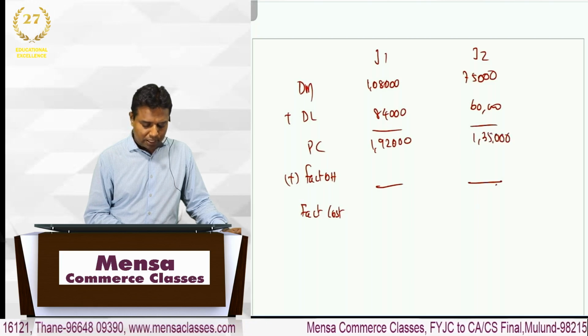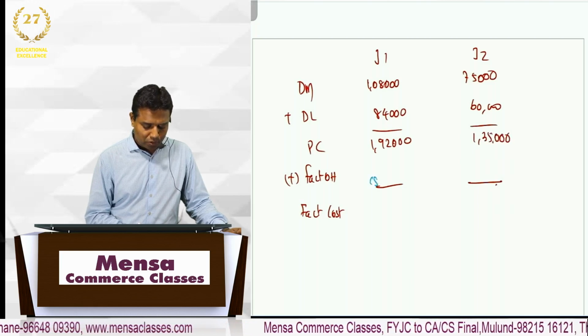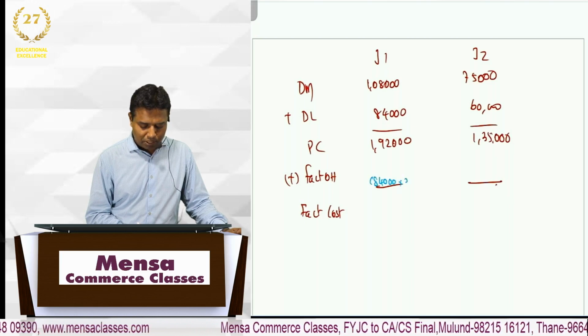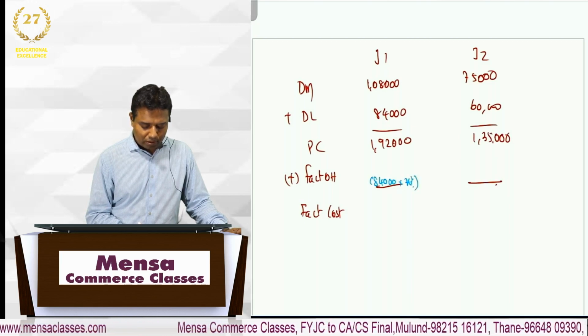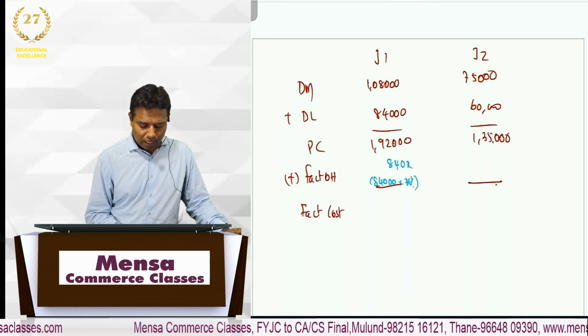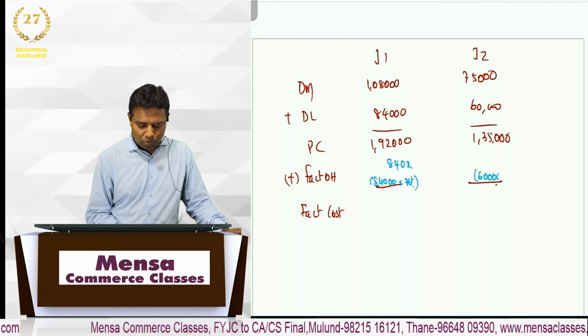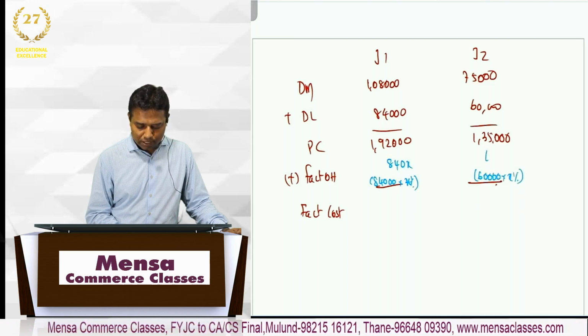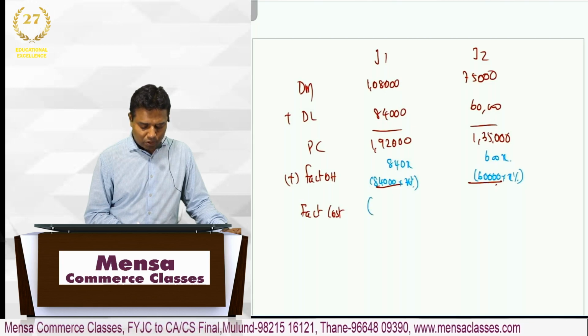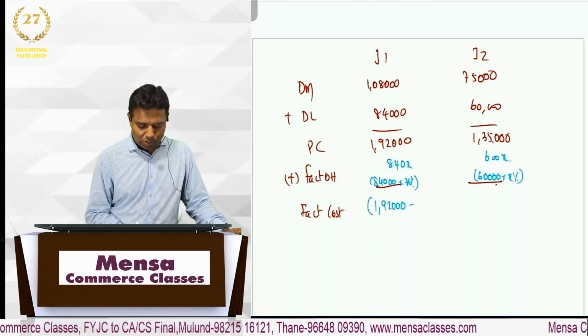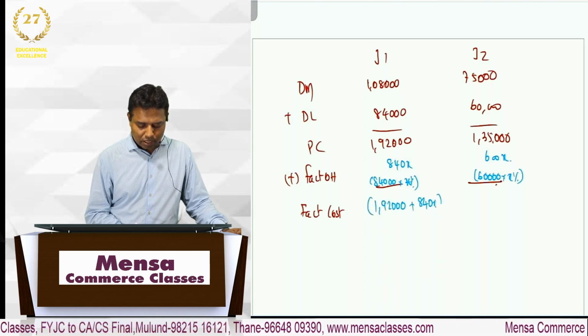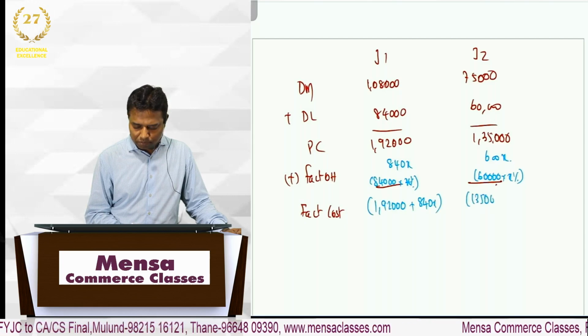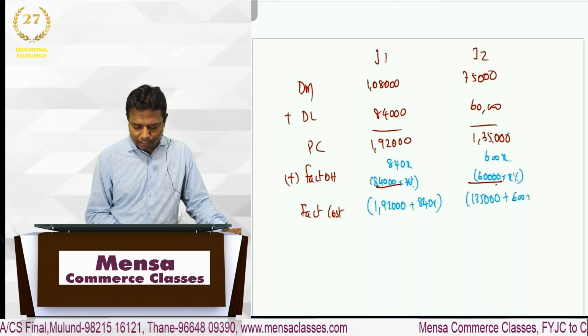X% of 84,000, so 84,000 into X%, will come to 840X, and here 60,000 into X% will be 600X. So I'll add, this becomes 1,92,000 plus 840X and 1,35,000 plus 600X, right?